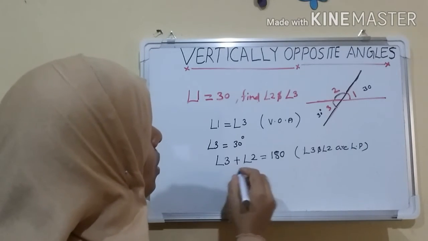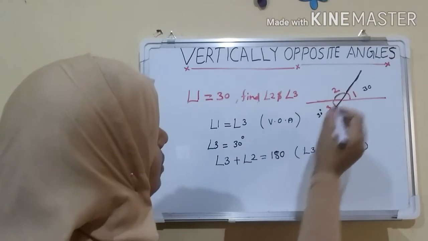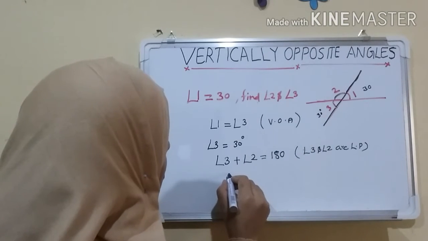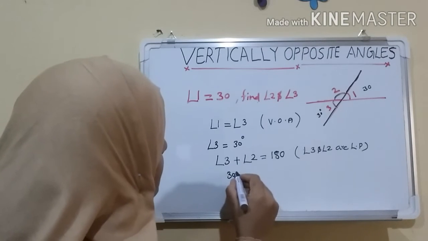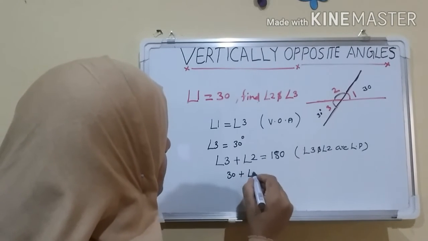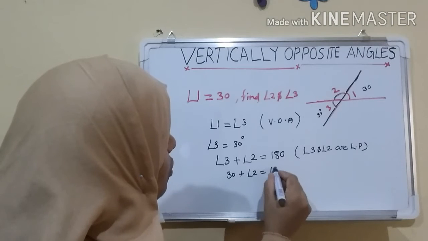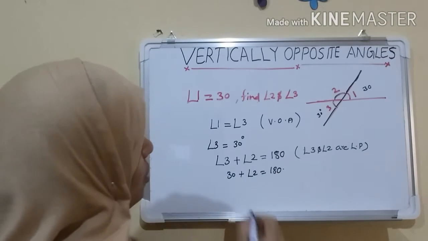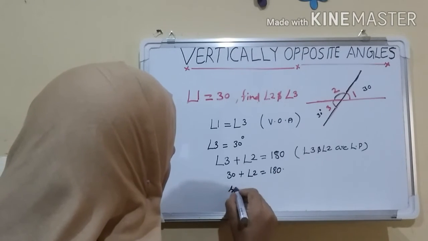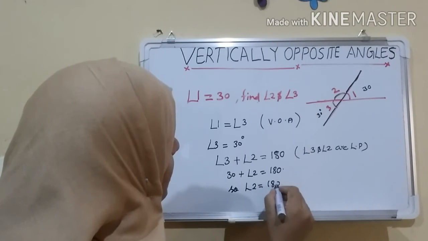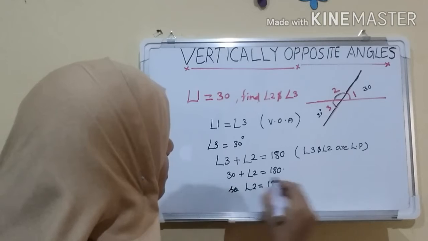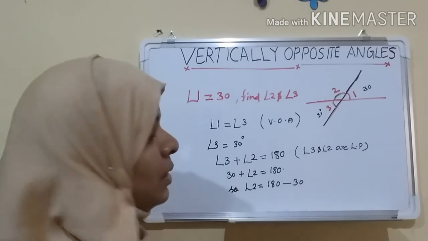So angle 3 equals 30 degrees. Instead of angle 3, we can write 30 plus angle 2 equals 180 degrees. So angle 2 equals 180 minus 30.